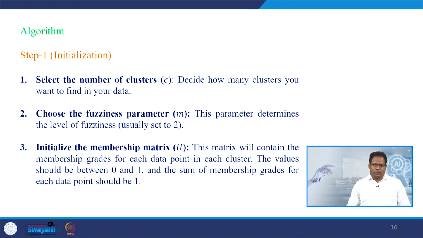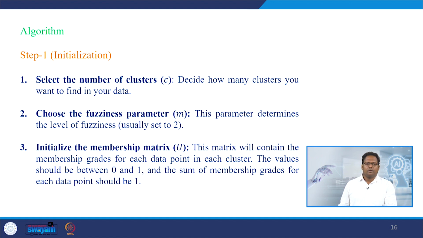Now, the algorithm associated with fuzzy C-means clustering: the first step is initialization. Initialize the number of clusters C, so as to decide how many clusters we want to find in our assigned data. Second, choose the fuzziness parameter m, and this parameter determines the level of fuzziness.